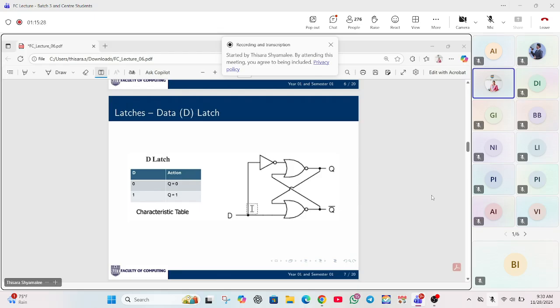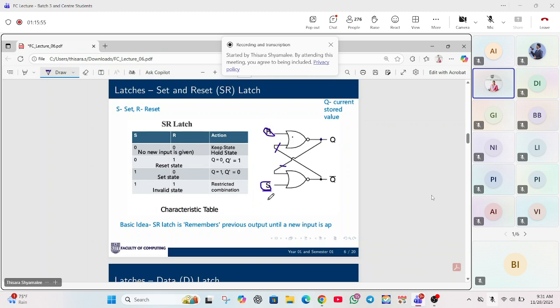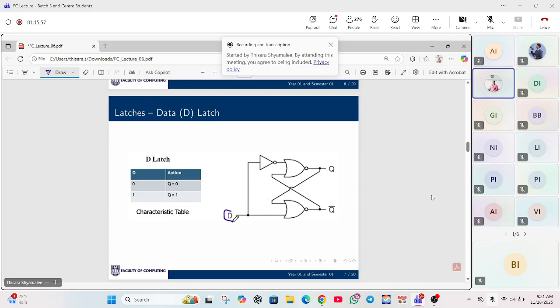When we compare the SR latch and the D latch, the SR latch basically has two inputs, S and R. But when it comes to this D latch, there's only one input.